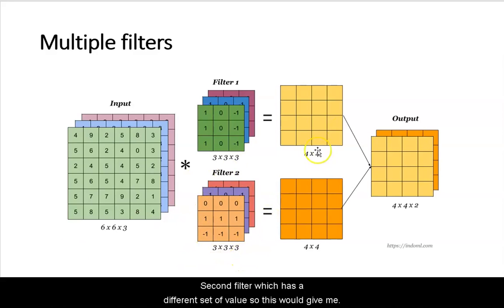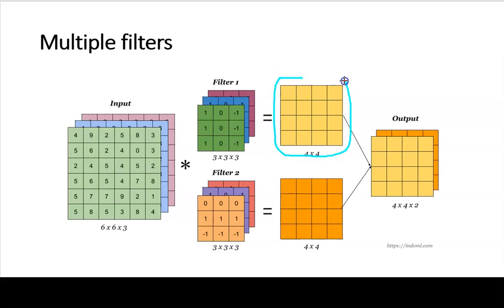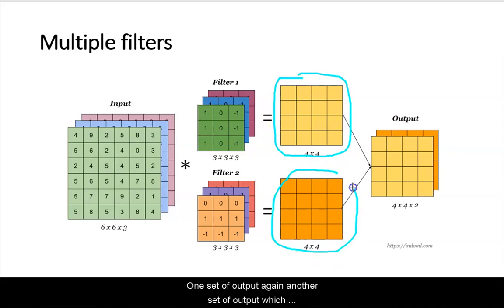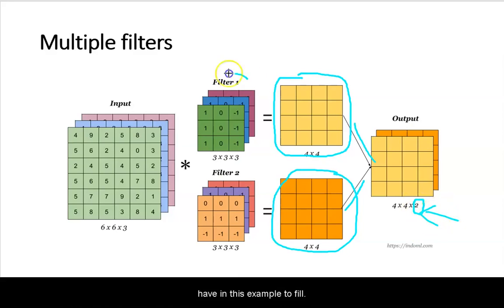So this would give me one set of output, and again another set of output, each a 4 cross 4 image, and then what I do is I stack these two outputs together. So I have this 2, which comes as my dimension of the output, and the reason I got 2 here is that I have in this example 2 filters.